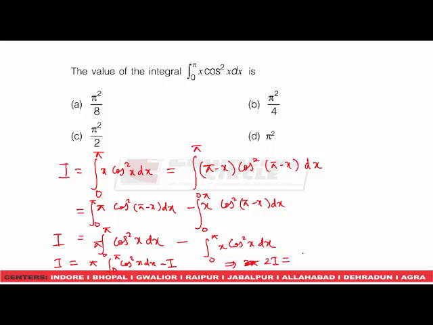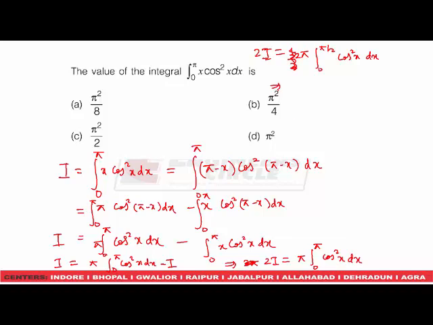equal to pi integral 0 to pi cos square x dx. Now further, since it is a symmetrical function about pi by 2, we can simplify it as 2I equal to 2 into pi integral 0 to pi by 2 cos square x dx.